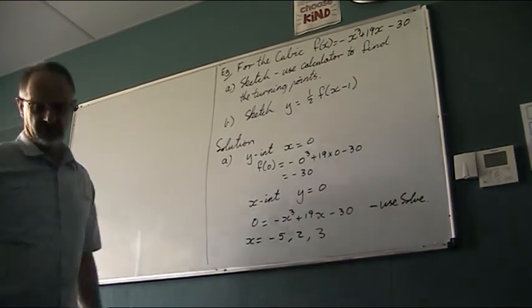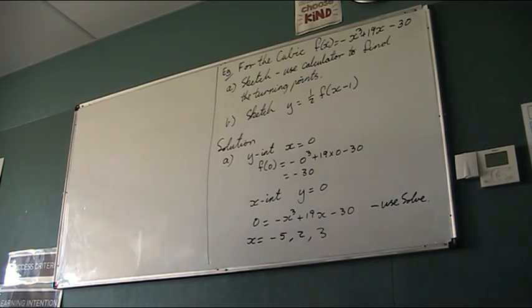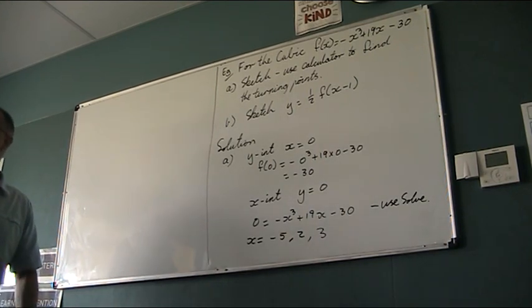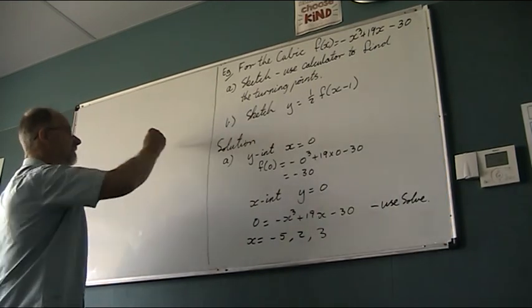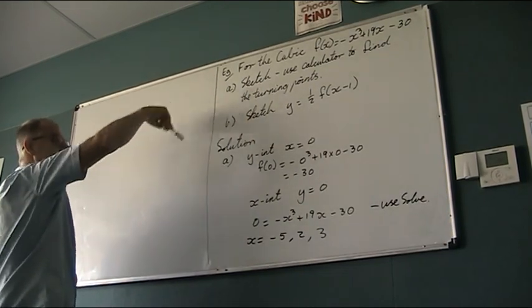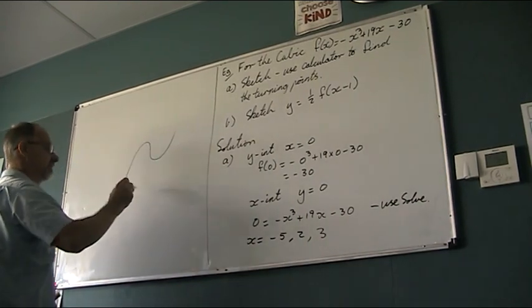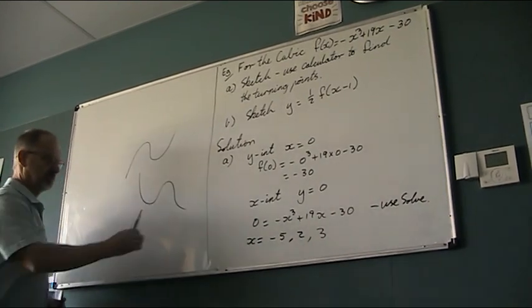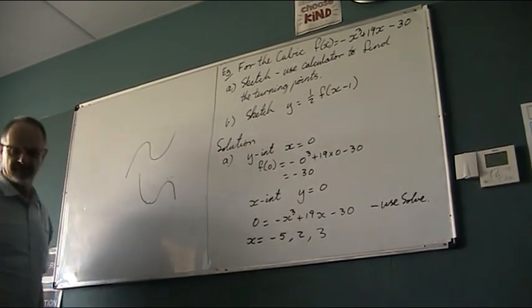Finding our turning points on the calculator. A couple of different ways we could do it. This is a cubic, so it's going to do some wiggly stuff. Actually, it's an upside down one, so it should go that way. How am I going to find these points? Maximum, minimum.